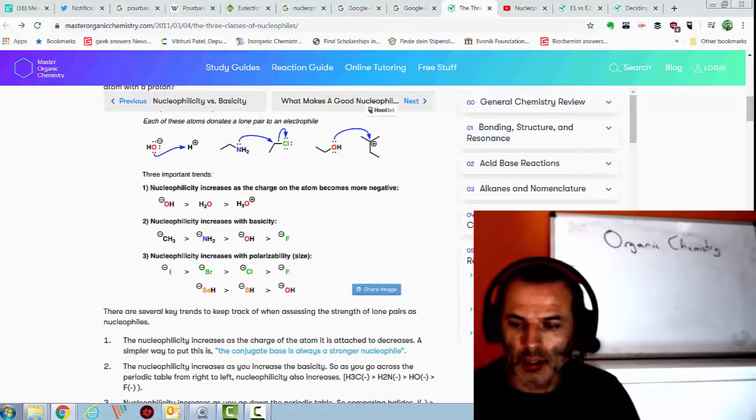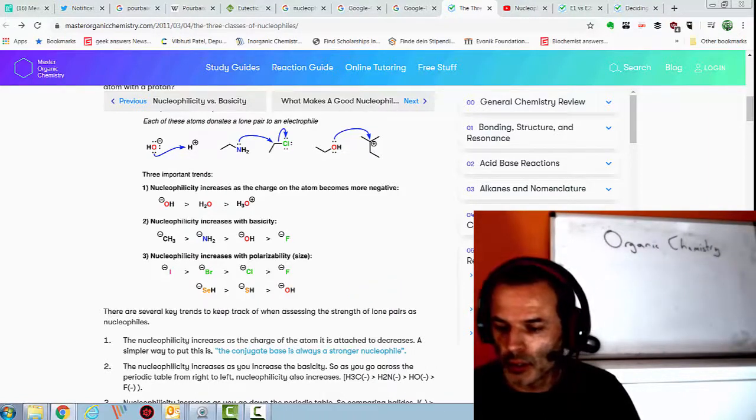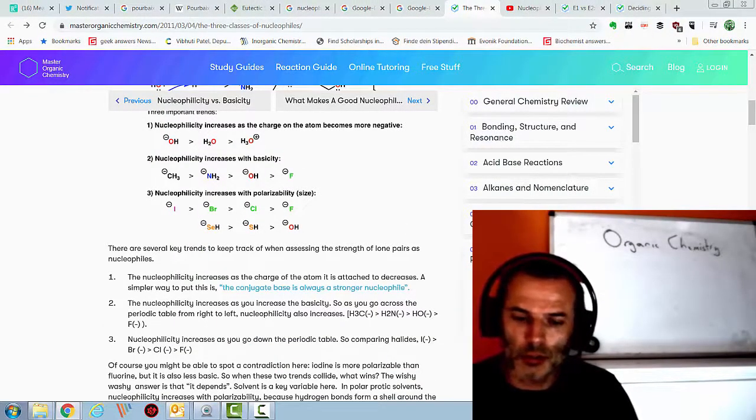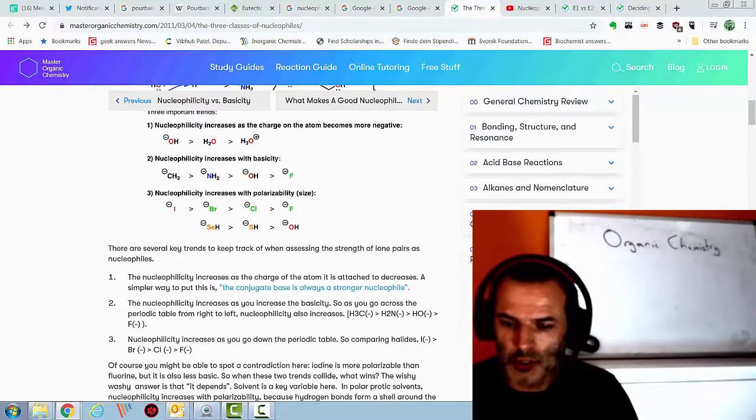Then if we make it more basic, so we make a better base out of it by having, for example, an ammonia group, then it will be better. This page also has a list of 3 characteristics of nucleophiles. So if we look at these 1, 2 and 3 here, if we increase the charge to more negative, it becomes a stronger nucleophile.